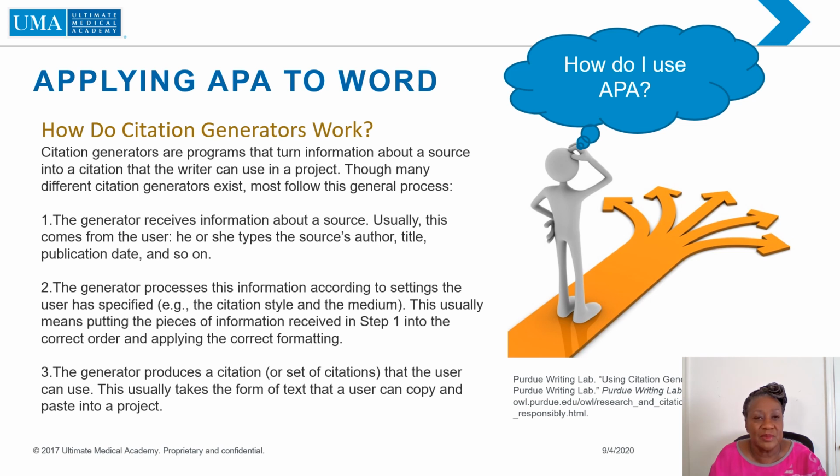Let's talk a little bit about how those citation tools work. Citation generators are programs that turn information about a source into a citation that you as the writer can use in your writing project.